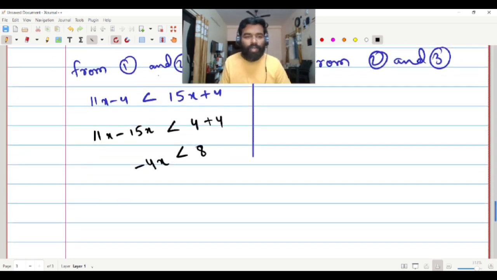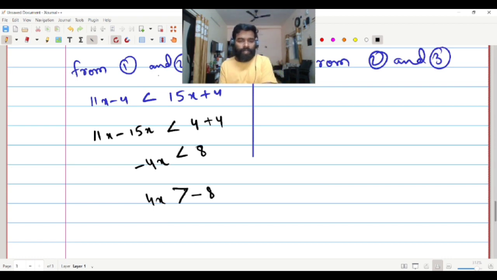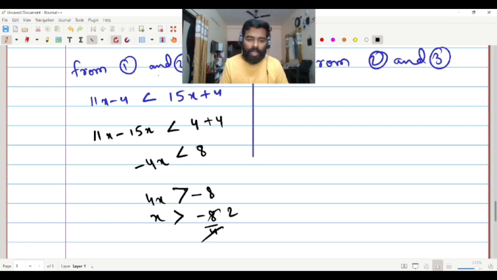So again we arrive to the same problem, that is minus is there in the left hand side. So if you want to take the minus to the other side, then you need to change the sign, and then you can cross the 4 also. So after cancelling we are getting minus 2. So x is greater than or equal to minus 2.